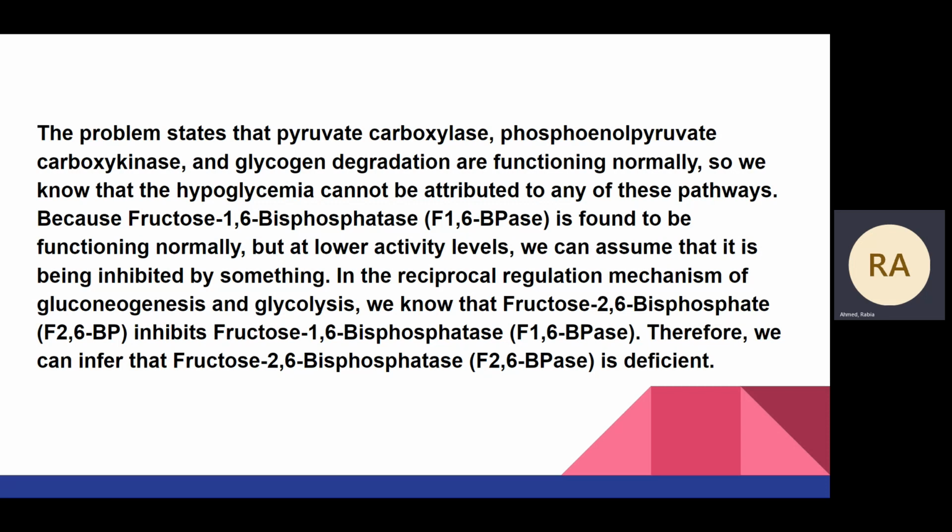Because fructose 1,6-bisphosphatase is found to be functioning normally, but at lower activity levels, we can assume that it is being inhibited by something. In the reciprocal regulation mechanism of gluconeogenesis and glycolysis, we know that fructose 2,6-bisphosphate inhibits fructose 1,6-bisphosphatase. Therefore, we can infer that fructose 2,6-bisphosphatase is deficient.